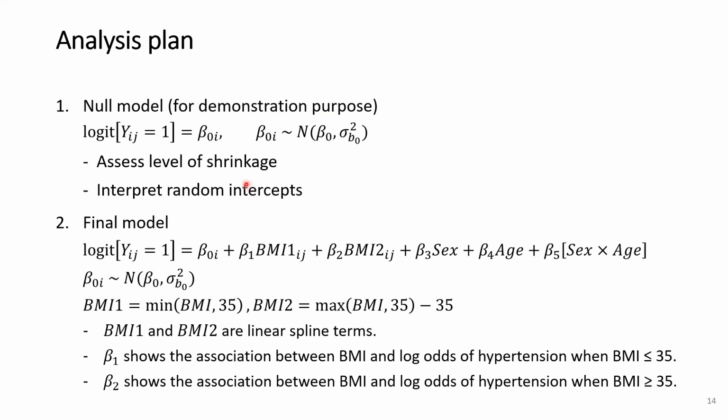This is to assess the level of shrinkage and to show how to interpret the random intercept. Secondly, we are going to fit the final model, which includes two spline terms for BMI, sex, age, and their interaction terms.